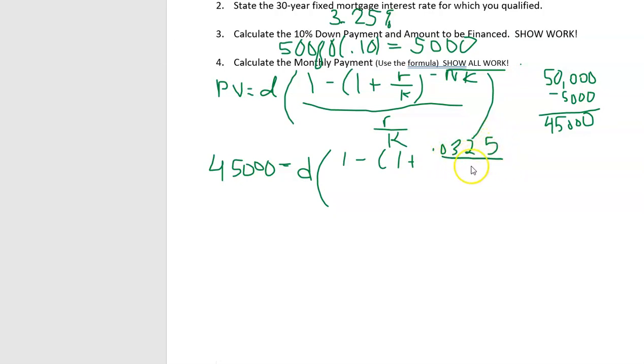We are going to make monthly payments, so k is 12. And we're going to do this for 30 years, since that's what it says in number 2, so 30 times 12. And then in the bottom, I want 0.0325 divided by 12 again.